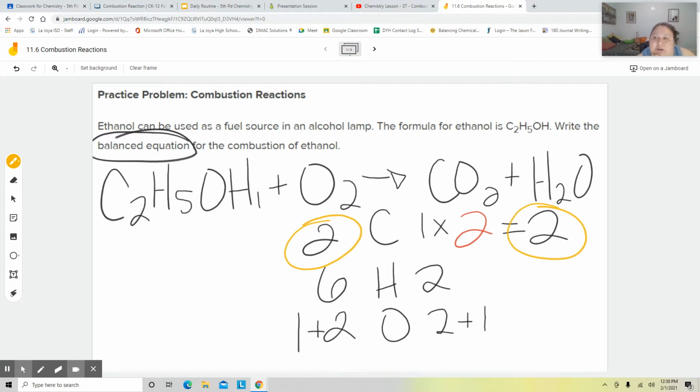So where does the 2 need to go? In front of carbon or in front of hydrogen? I can put it here or I can put it here. Where does it belong? In front of CO2 or in front of H2O?